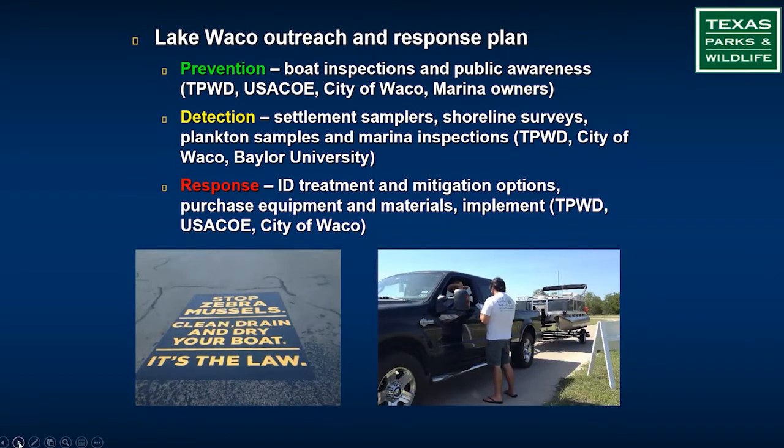We had these clean, drain, dry signs out everywhere, and we had a lot of brochures that we handed out. We interfaced with around 1,200 boat owners and boaters every summer with this program.